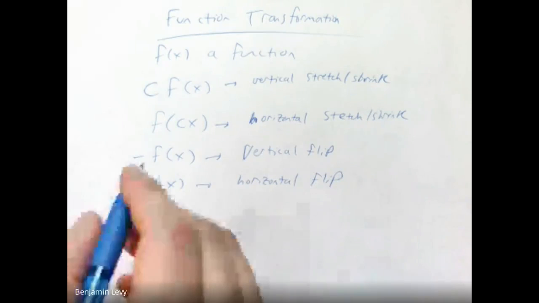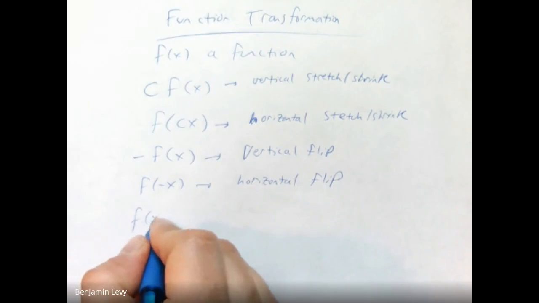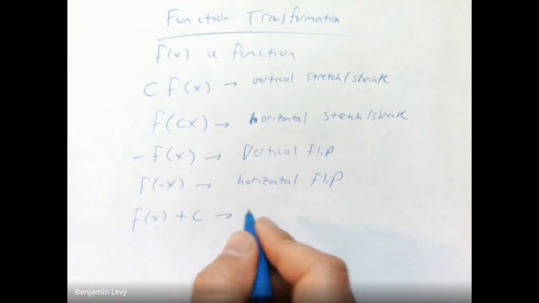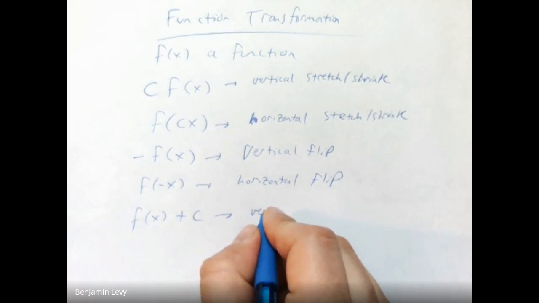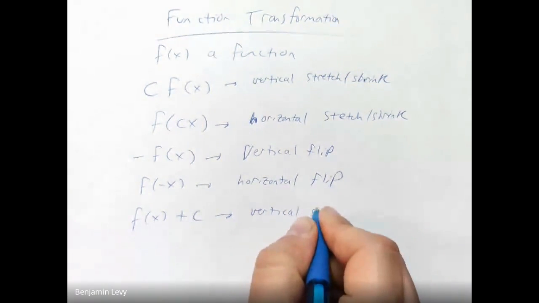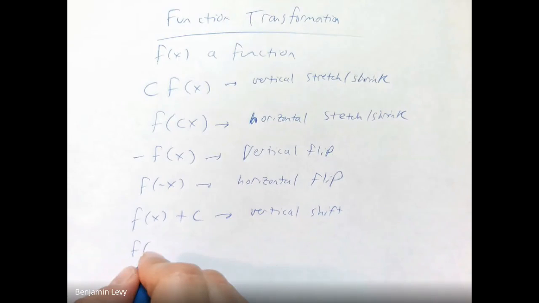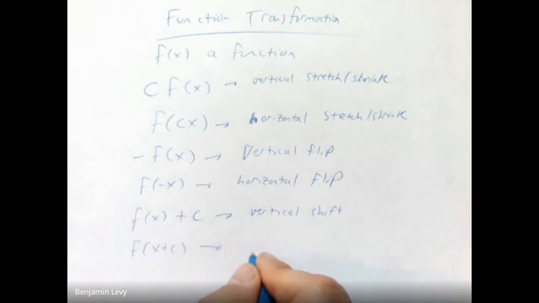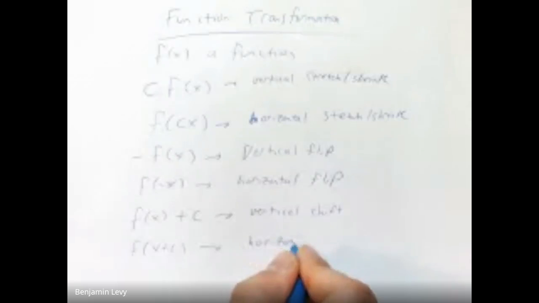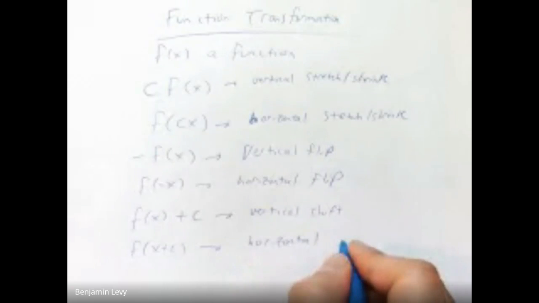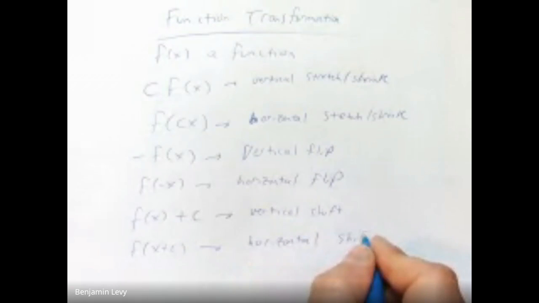And then we can add a number on the inside or the outside. So this would move the graph up or down. So vertical shift, so up or down. And then if we do it on the inside, it becomes a horizontal one. So these are the 6 transformations that we learned early in the semester.